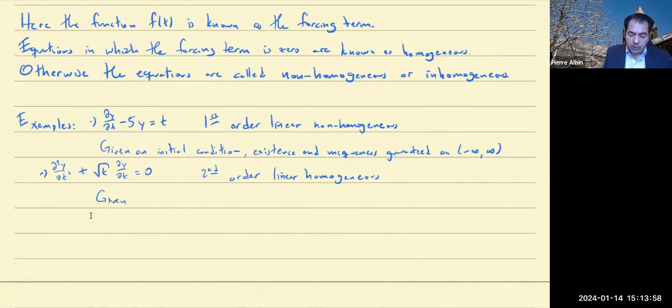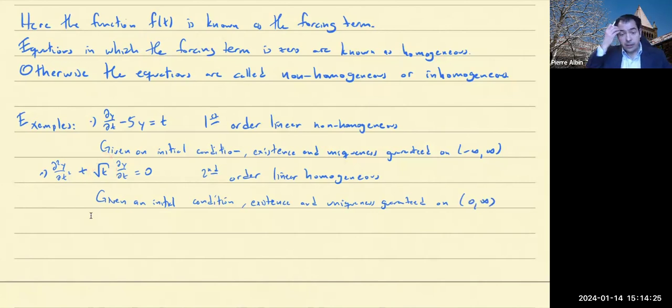But right now, what we want to notice is that given an initial condition, existence and uniqueness is guaranteed on 0 to infinity, because the coefficient function square root of t is only defined if t is greater than or equal to 0, and on that interval, it is continuous.